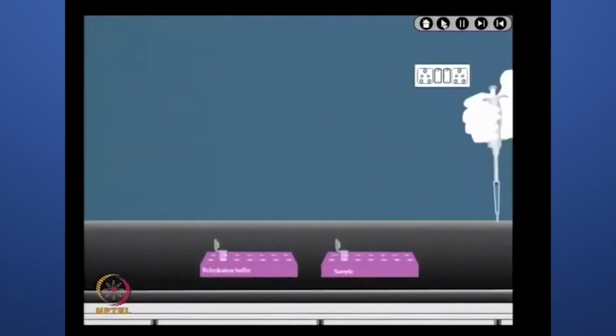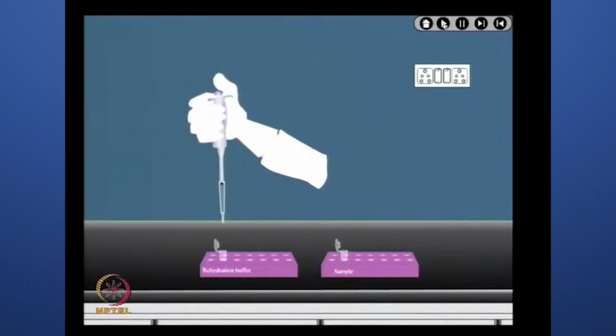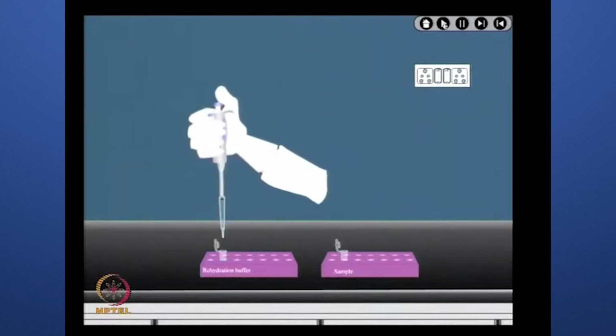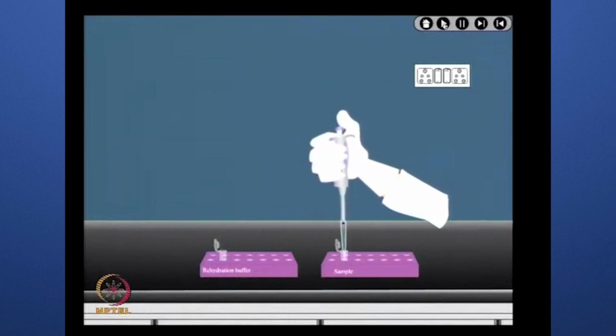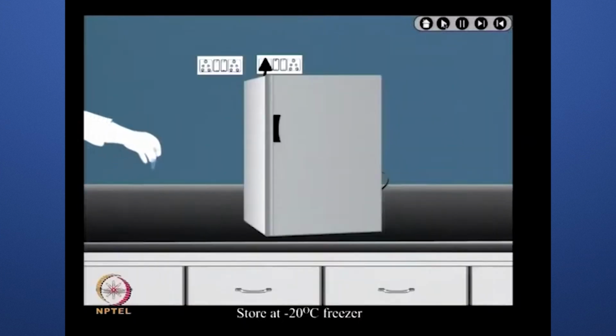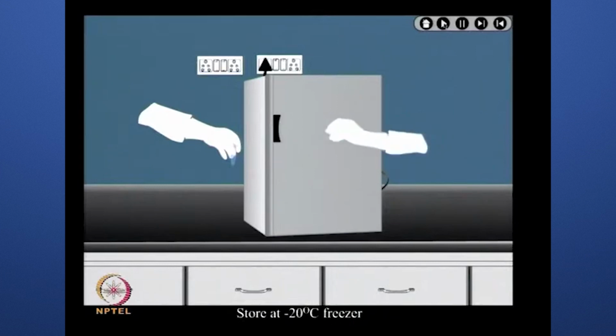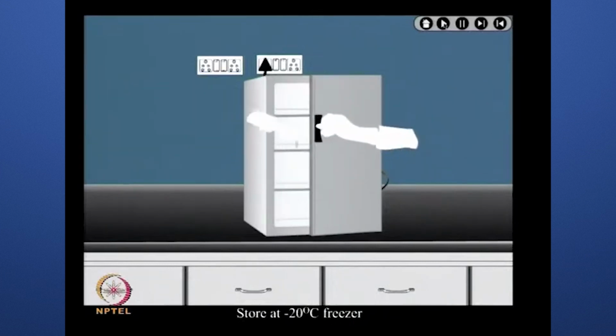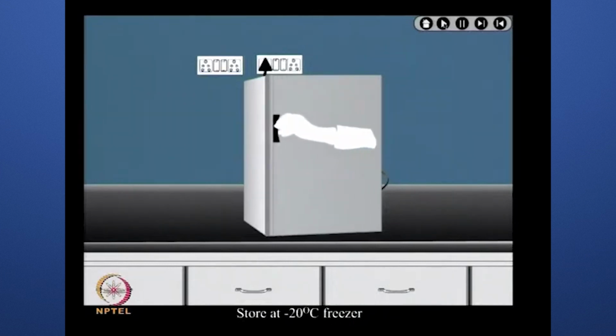You need to allow the pellet to dry at room temperature and then add the lysis buffer containing 7 molar urea, 2 molar thiourea, CHAPS, IPG buffer, DTT and bromophenol blue.